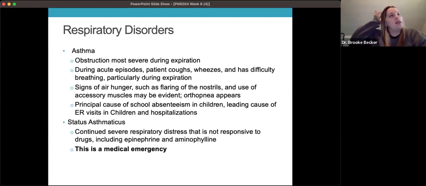You can also see kids need steroids when they're having an asthma flare-up from one of their viral illnesses. And if they continue into status asthmaticus, they may need racemic epi or IM epi.